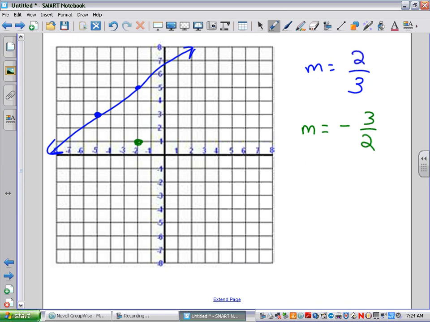And now I need to go down 3, 1, 2, 3, and over 2. Again, down 3 and over 2. And I draw those lines in. And what do you know about that blue line and the green line? They are perpendicular. So a lot of times you'll see this box in the corner. It means 90 degrees. That's what perpendicular means.